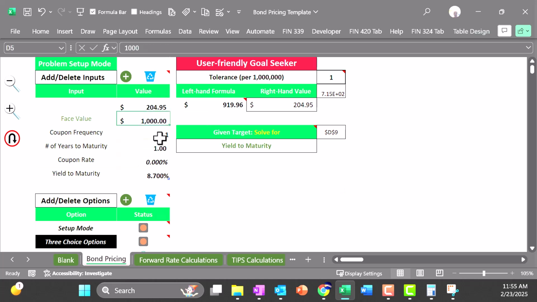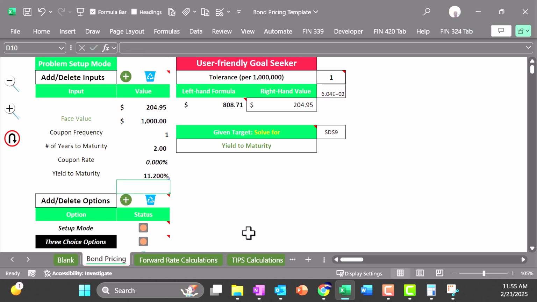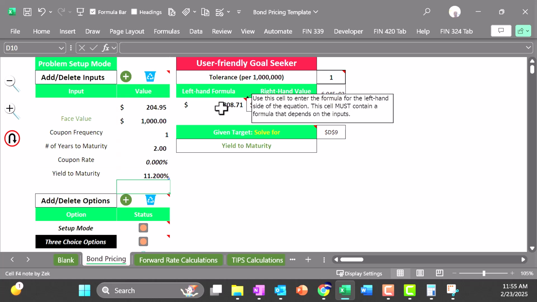Currently, face value, let's say 1,000. Years to maturity is 2. So if I buy and yield to maturity is 11.2, because currently 2-year bonds are trading at a yield to maturity of 11.2. So that is the current price.